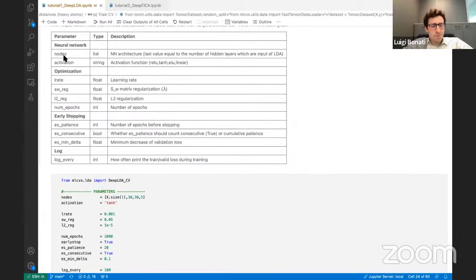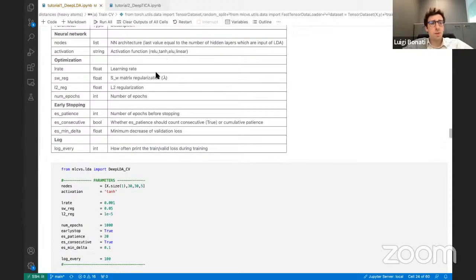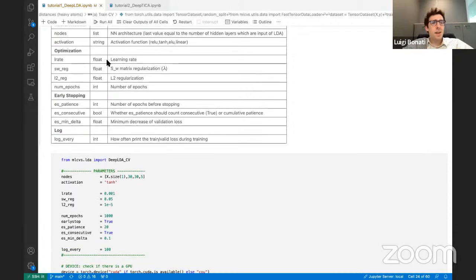Some of the parameters here are related to the neural network architecture. You see the number of layers and nodes, the kind of activation, rectified linear unit, hyperbolic tangent, and so on and so forth, that are implemented.